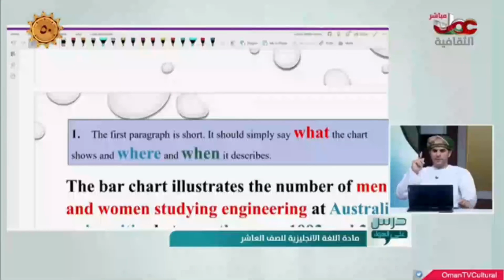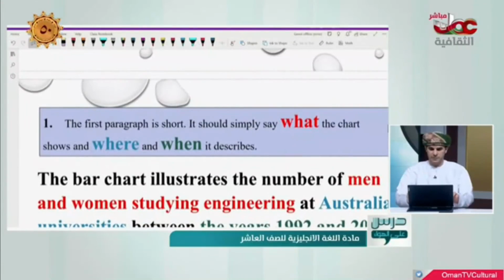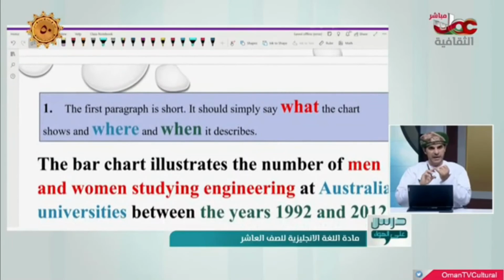Step 1, the first paragraph is short. Remember, the first paragraph is short. Don't make it a long one. Just state what the chart shows, and where and when it describes. What, where, when.